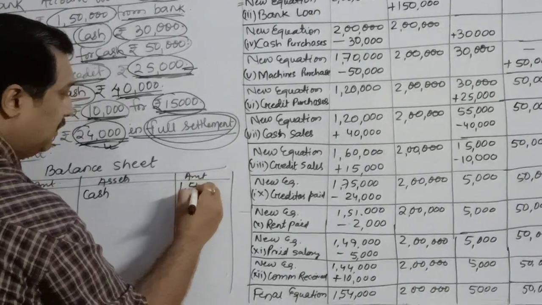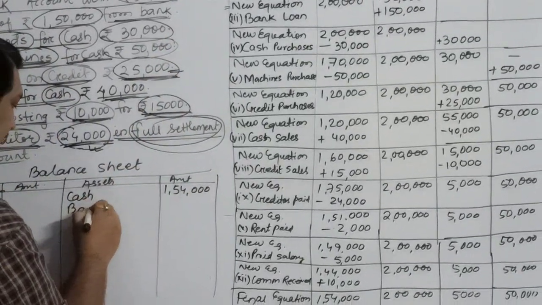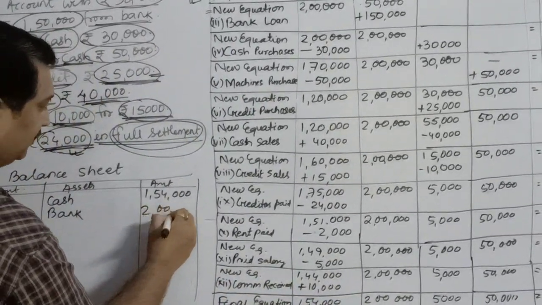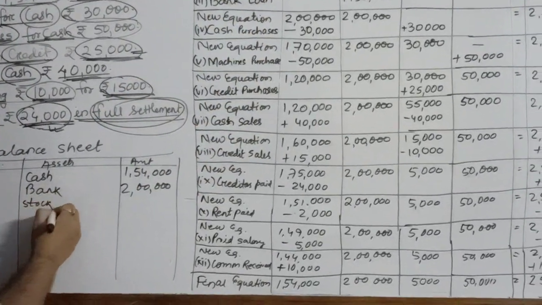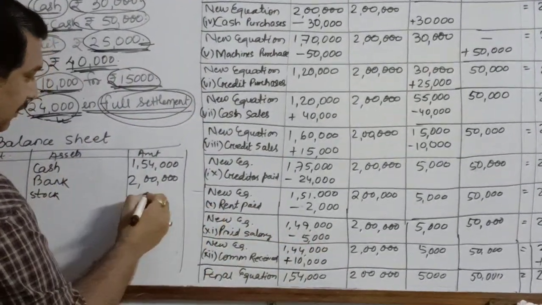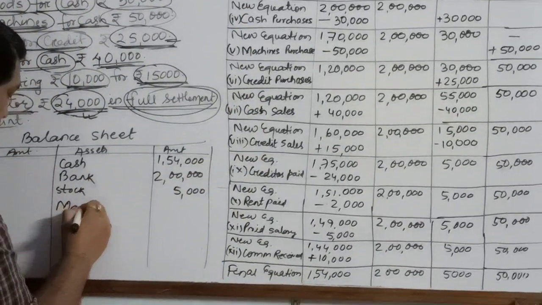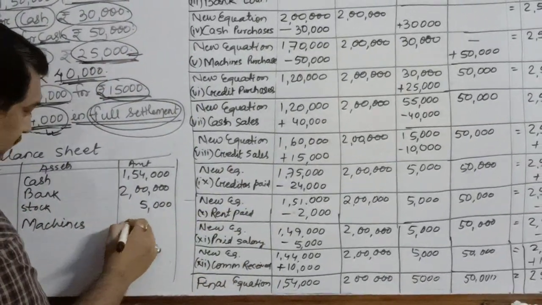How much is cash? 1,54,000. What is the second? Bank. What is the final part? 2 lakhs. Final equation, 2 lakhs of bank. Stock. What is the final equation of stock? 5,000. What is the last one? Machines. This will also come under assets. What is the final amount? 50,000.